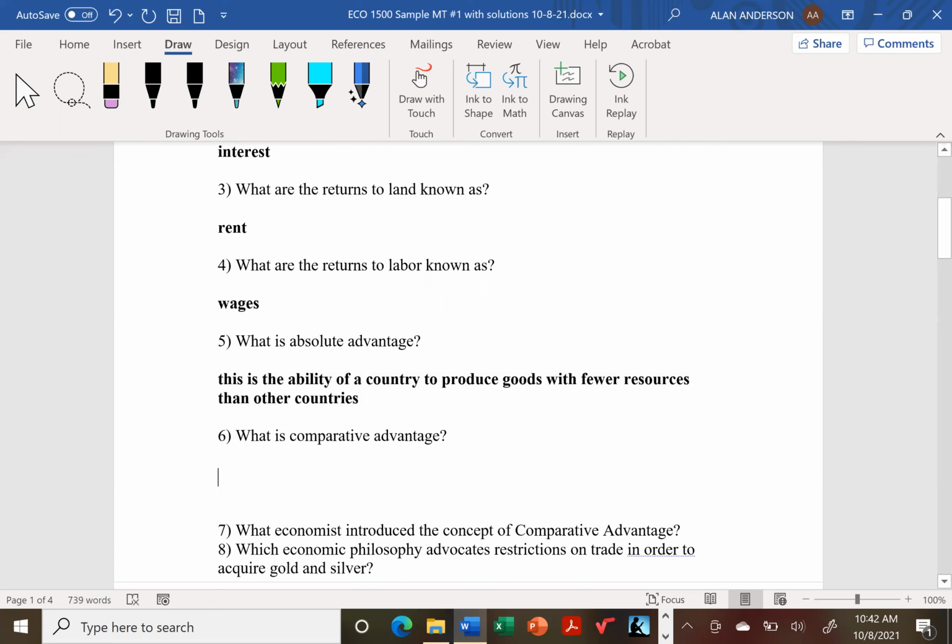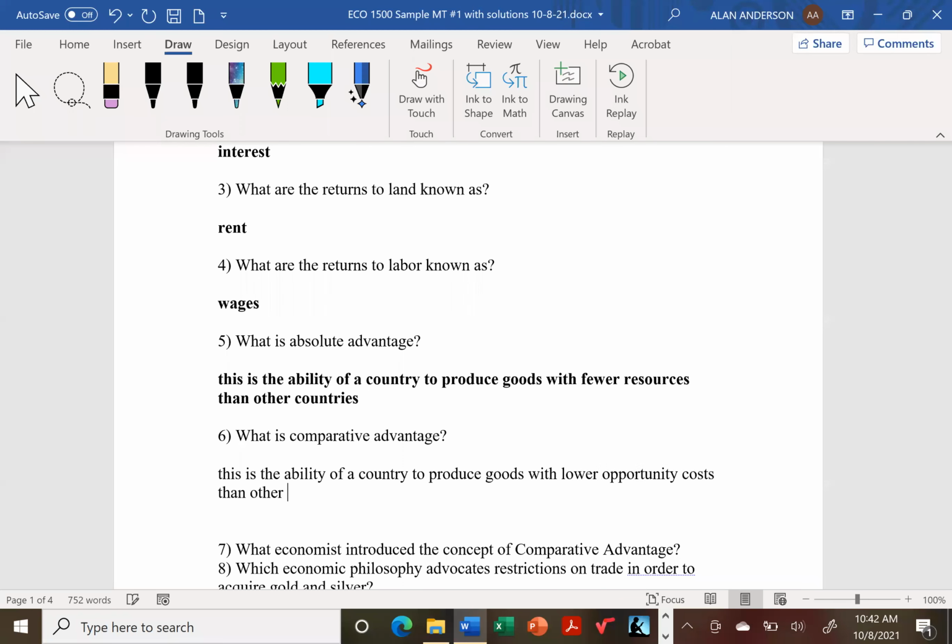And then comparative advantage is the ability of a country to produce goods with lower opportunity costs than other countries. That's the key distinction here, lower opportunity costs rather than fewer resources.